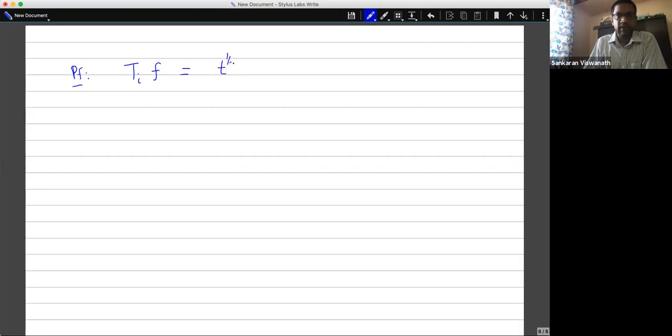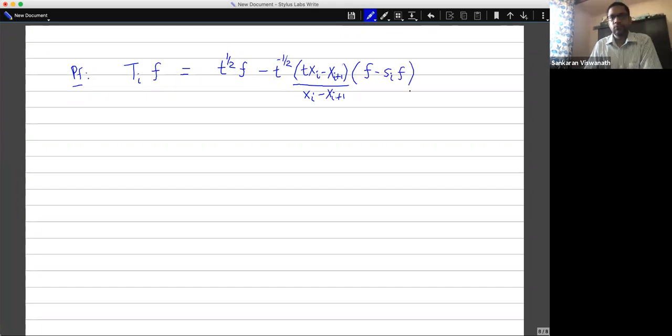It gives you t to the half f minus t to the minus half (t xi minus xi plus 1) over (xi minus xi plus 1) times (f minus si f). Okay, si f just means you permute the variables in f, and therefore observe that Ti equals t to the half just means that the second term is 0.